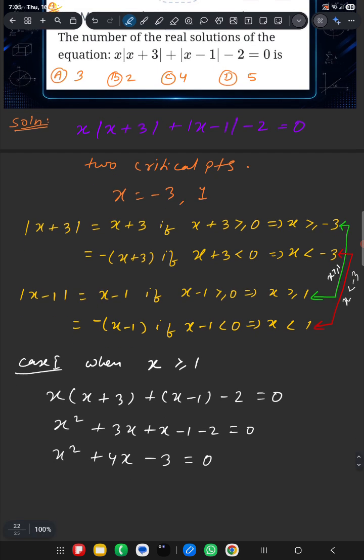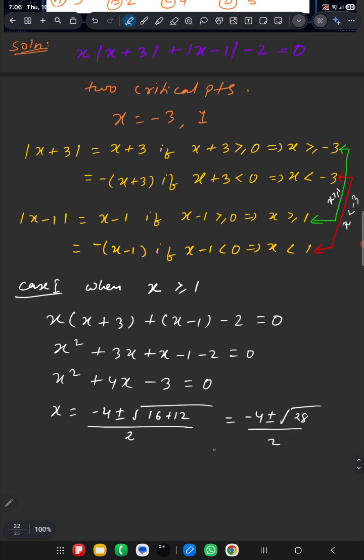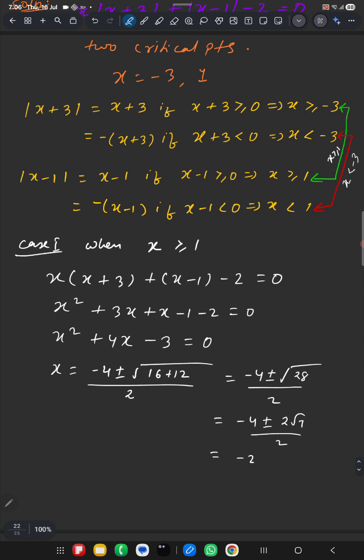Using the quadratic formula: x = (−4 ± √(4² − 4·1·(−3)))/(2·1) = (−4 ± √(16 + 12))/2 = (−4 ± √28)/2. On simplification you will get (−4 ± 2√7)/2, which gives −2 ± √7.